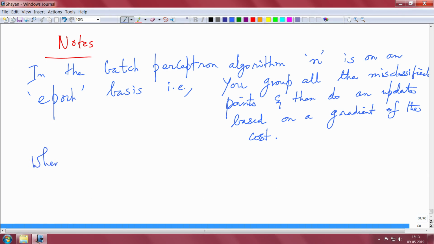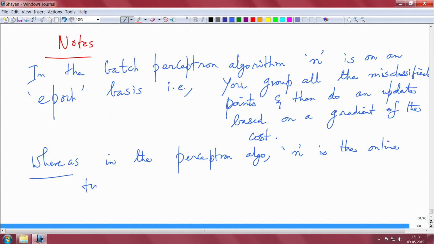Whereas in the ordinary perceptron algorithm, n is the online time step where data is presented to the neural network.